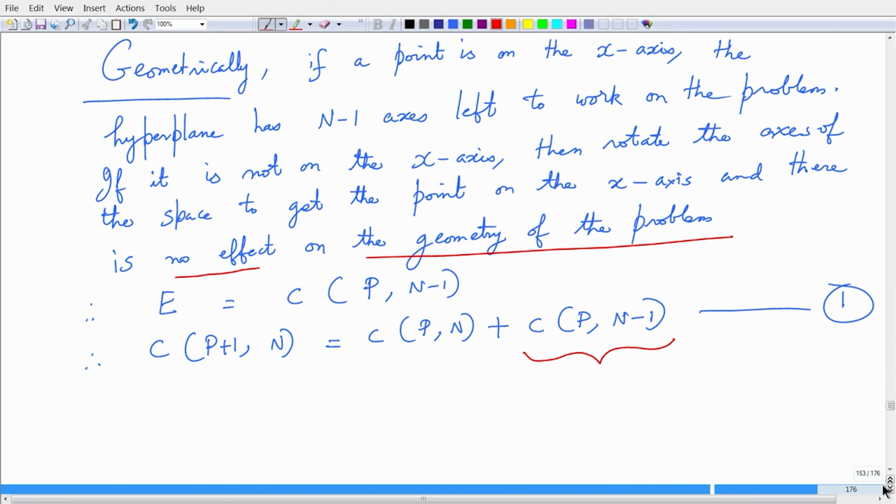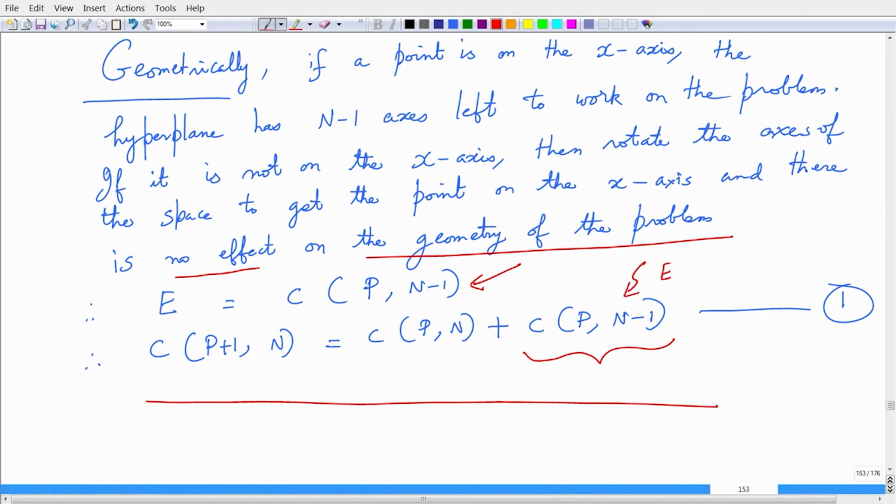So, the number of additional terms is essentially this counting function C(p, n minus 1), because we are working over n minus 1 dimensions. Now, we have the recursion which is set up like this: C(p+1, n) is C(p, n) plus C(p, n minus 1), and this is the extra term that we have.